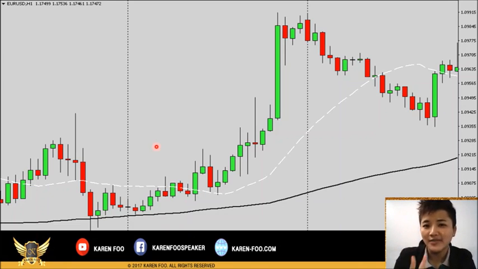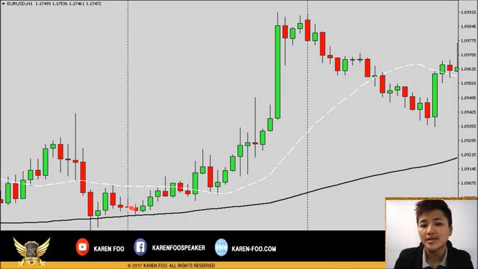And the second convincing factor for you is that this is our 100 SMA, correct? Remember, for the 100 SMA, the function of it is a dynamic support or resistance. So in this case, very likely, the price is going to bounce off from the 100 SMA. So it gives you 2 reasons to go into a buy position.